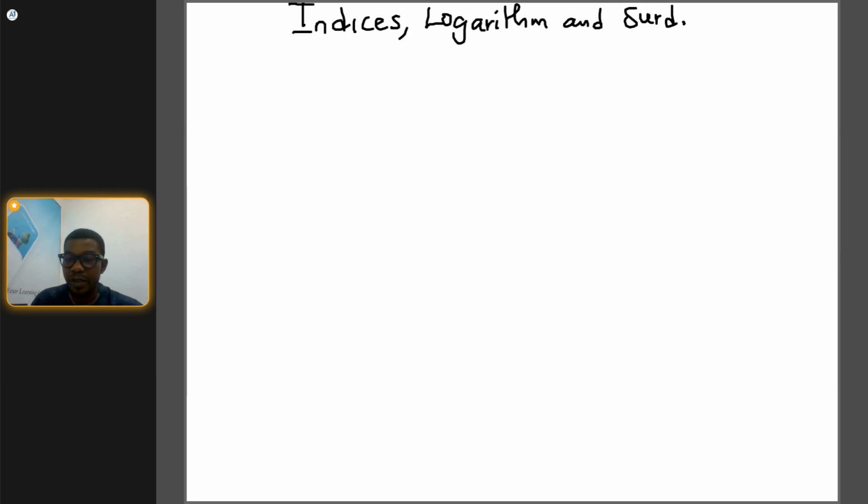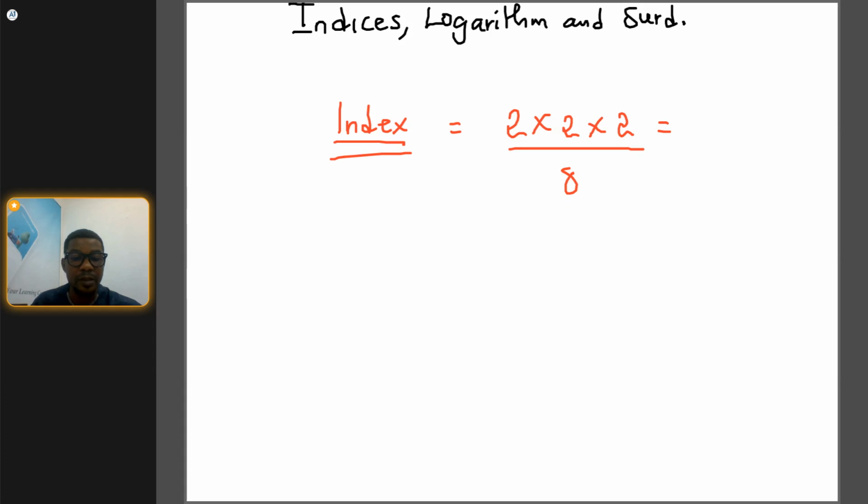If you are very conversant with what you've done in your previous classes, there's something we call index form. We can express a number in index form. For example, if I have 2 multiplied by 2 multiplied by 2, as an ordinary number, that will be 8.